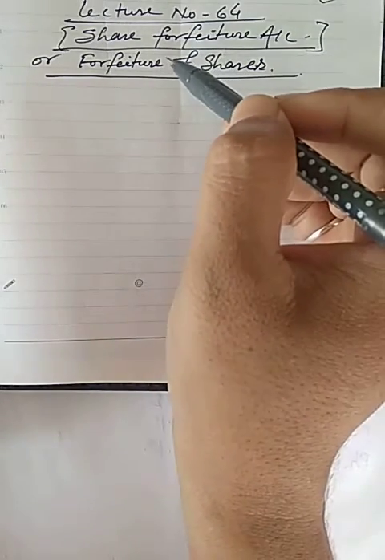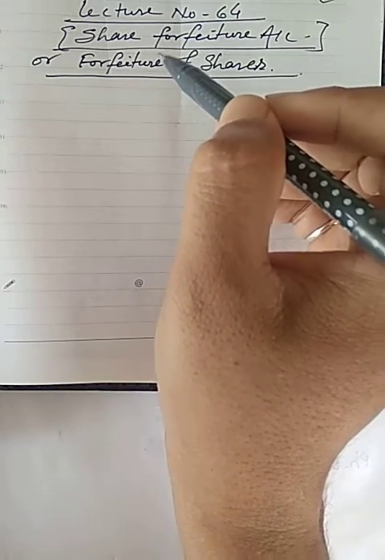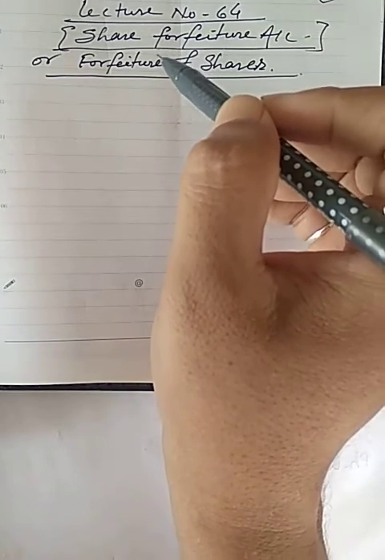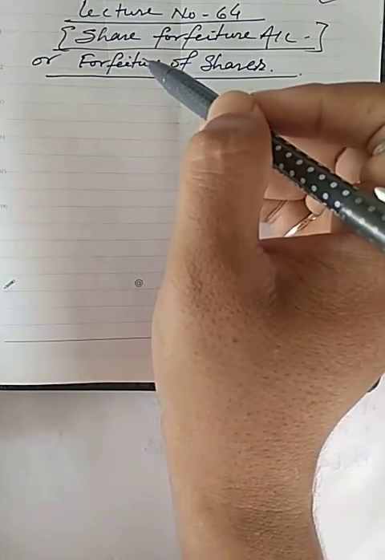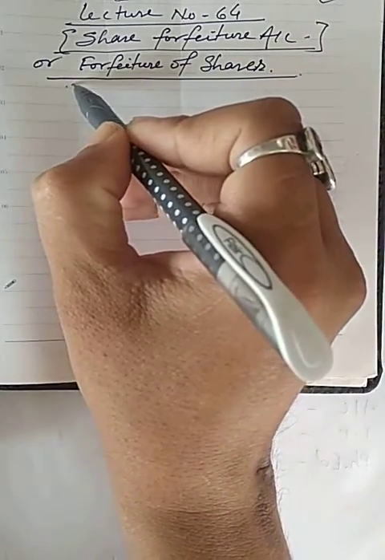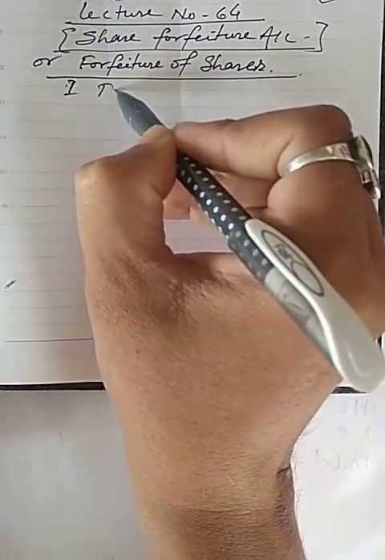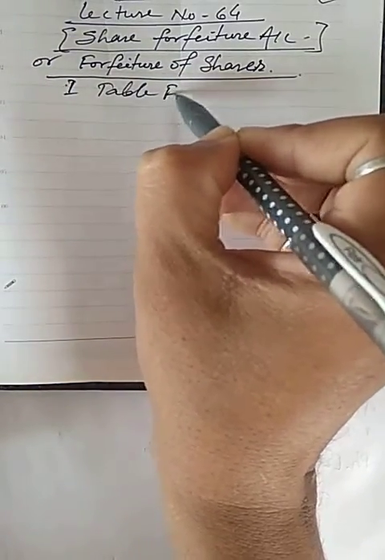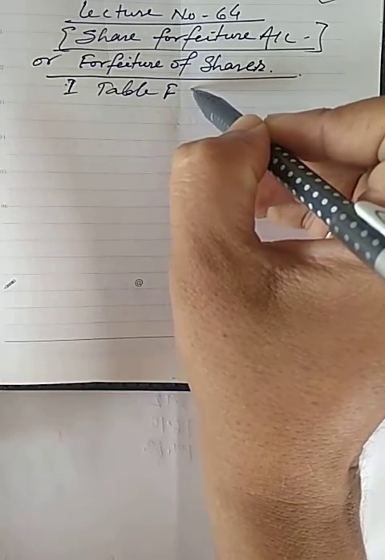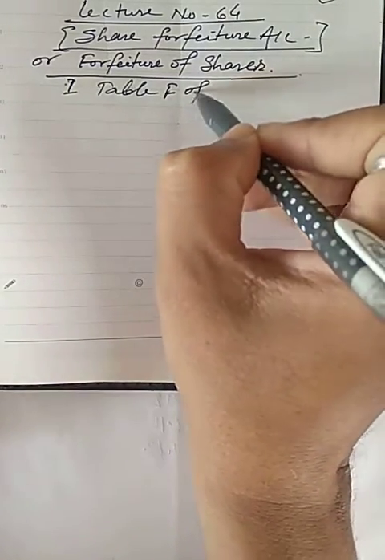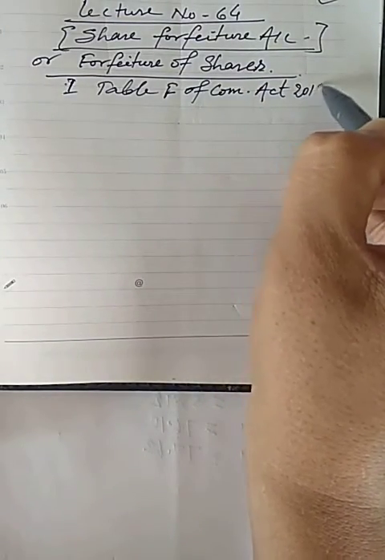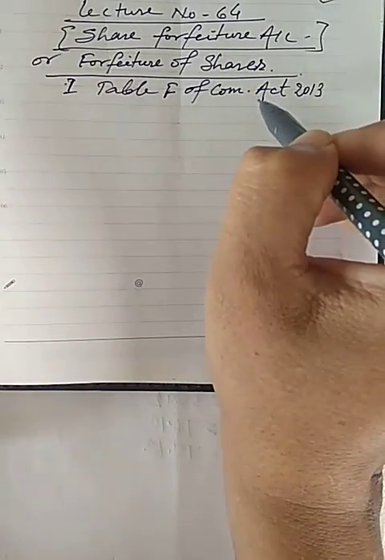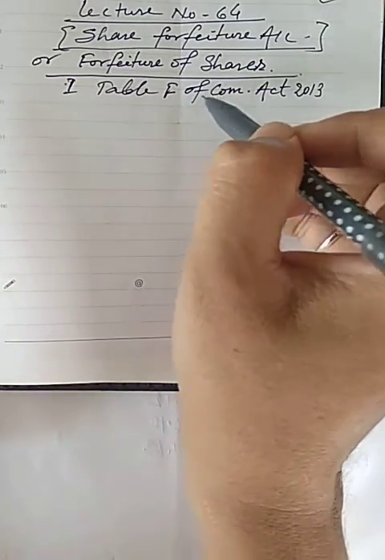If no rules are given in the articles, the provisions of Table F of Schedule 1 of the Companies Act 2013 regarding forfeiture apply.